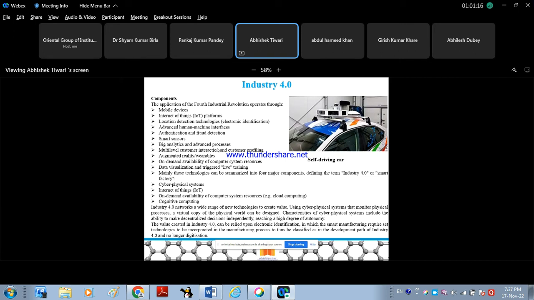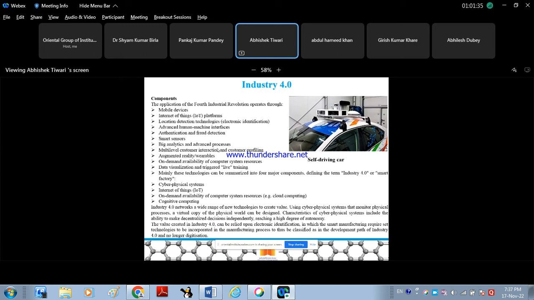Mainly, these technologies can be summarized into four components defining the term Industry 4.0 or smart factory: cyber physical systems, Internet of Things, and on-demand availability of computer system resources, for example, cloud computing and cognitive computing.